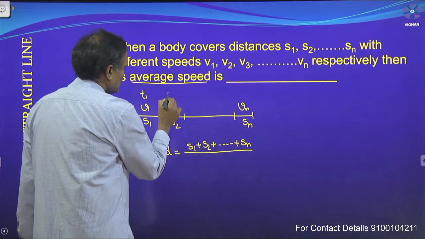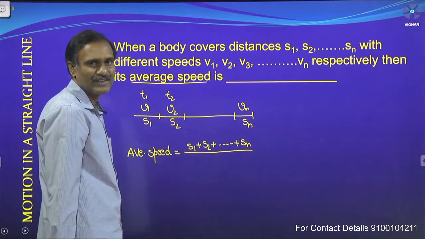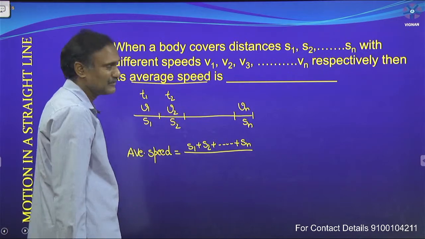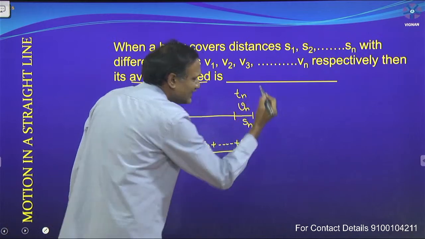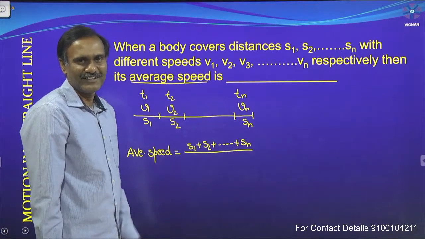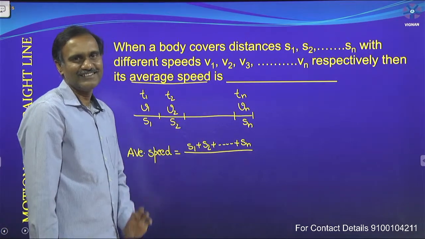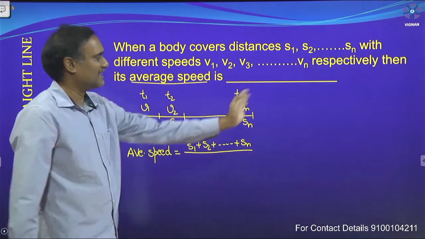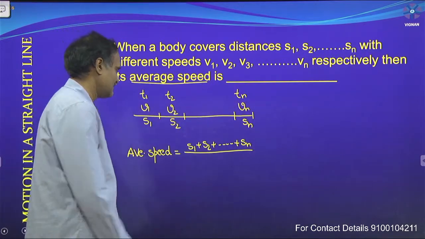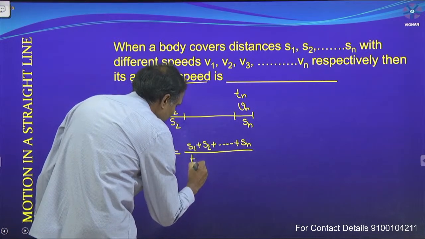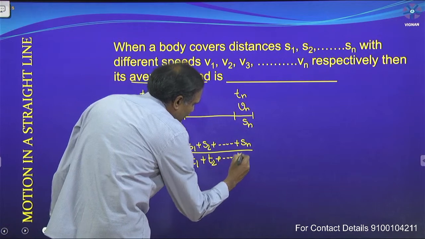To cover this path length S2, time interval is t2. To cover this path length, time interval tn. Here path length and magnitude of displacements are equal because particle moving along same straight line. Remember that. Whole divided by t1 plus t2 plus so on tn.